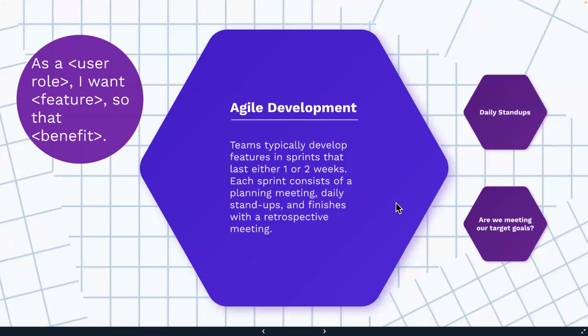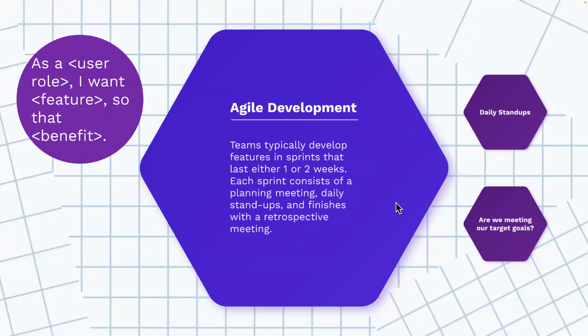Agile development is a way that teams will choose to work together to tackle a project. There are different methodologies that a development team can use to tackle a wireframe or assignment.